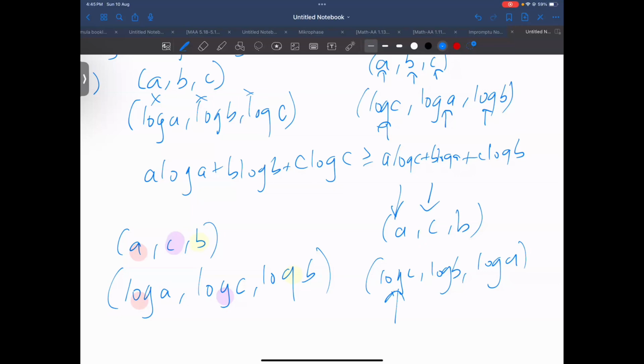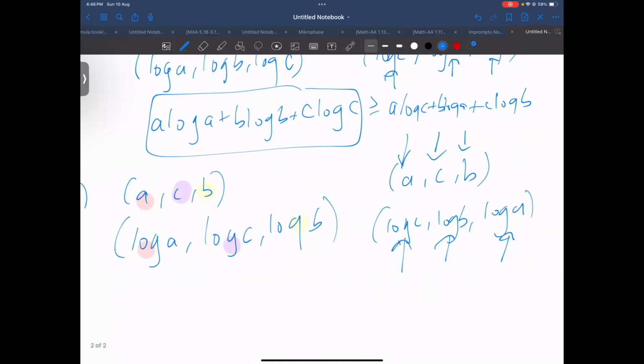The middle one of the first sequence is being multiplied by the smallest one of the second sequence. And the smallest one of the first sequence is being multiplied by the largest one of the second sequence. So clearly these are not ordered the same, so the sum will not be maximal, and it has to be less than what's on the left-hand side.